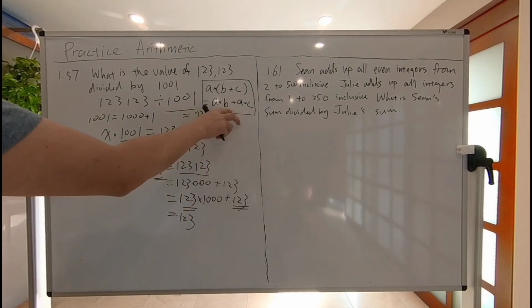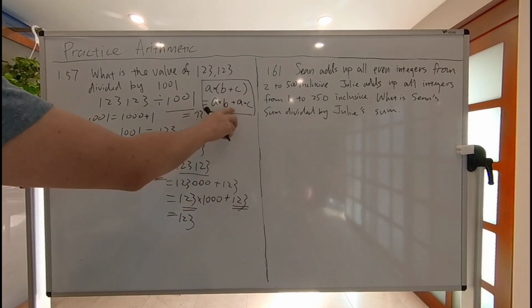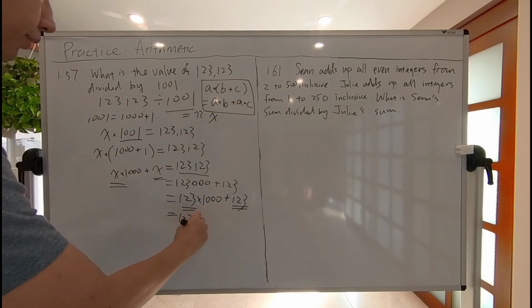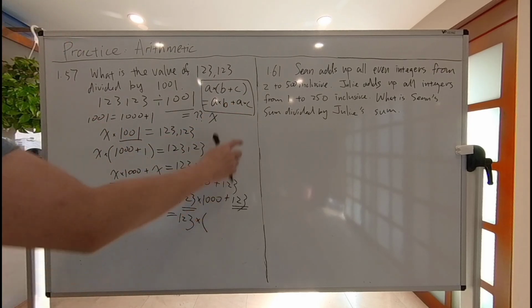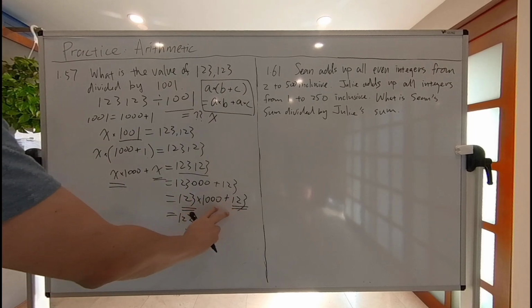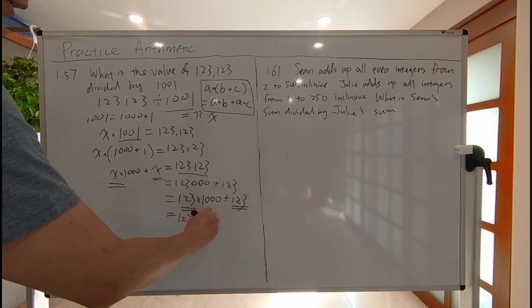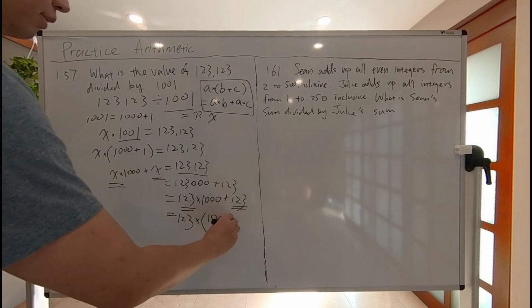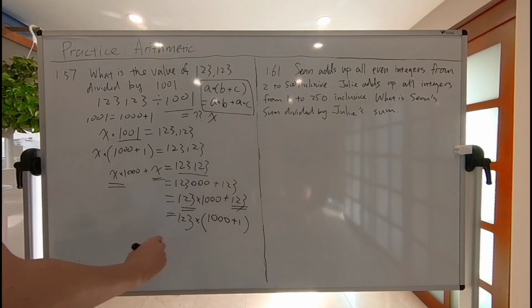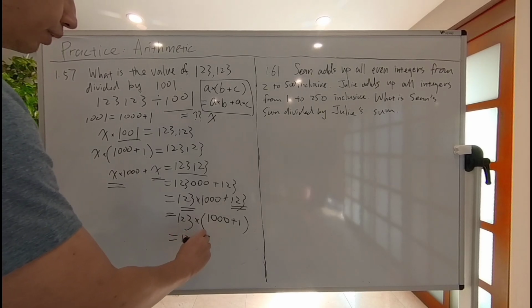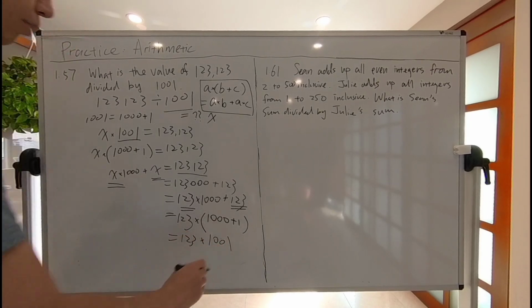This is basically the reverse operation of the multiplication distributing over addition. So I'm doing it the reverse way by factoring out the multiplication of 123 at the beginning, and then I have the addition left within the brackets, and it is 123 multiplied by 1001, right?